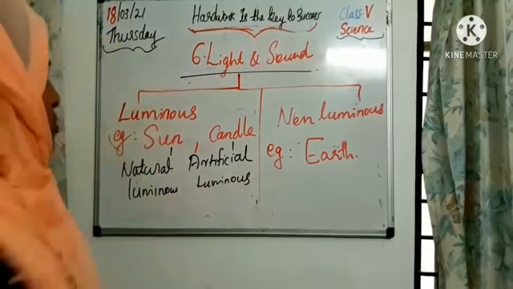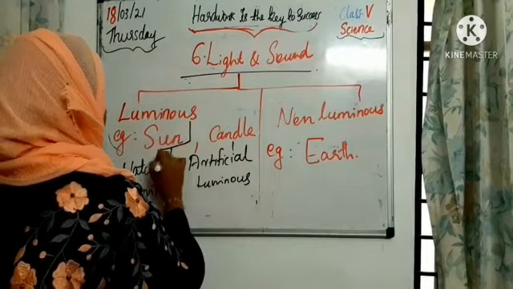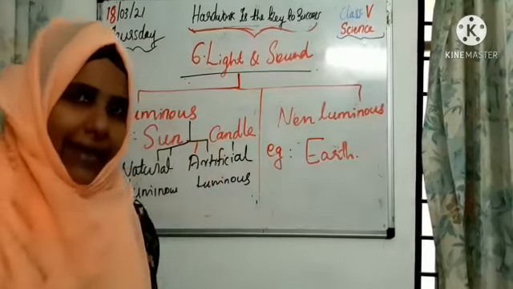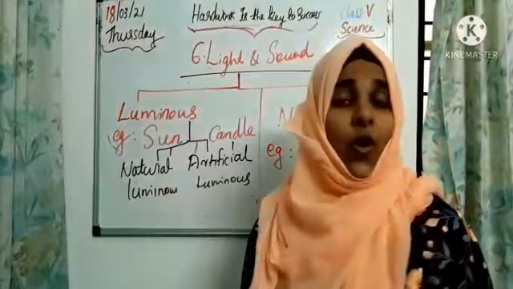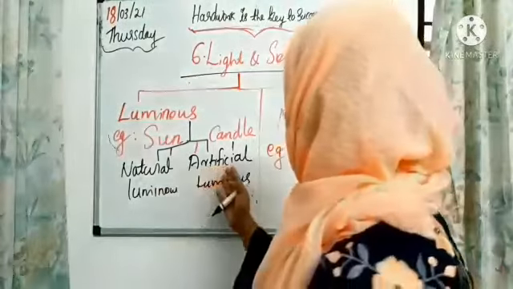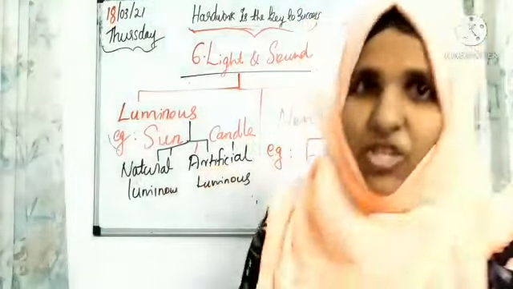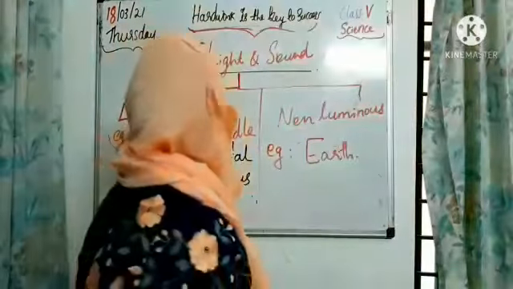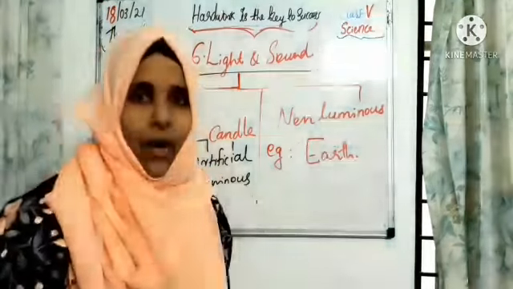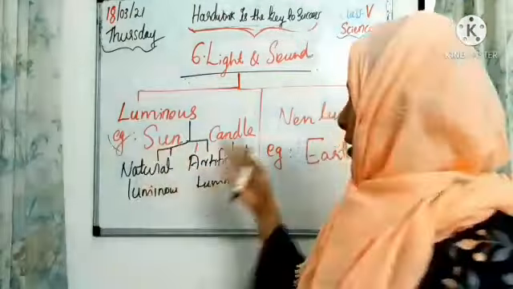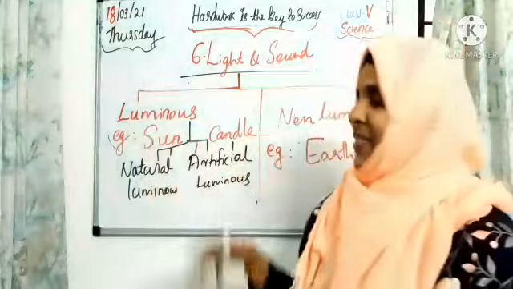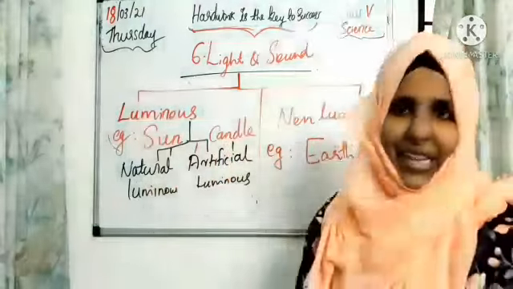So understand? So luminous objects we can classify into two. What are they? Natural luminous object and artificial luminous object. Okay. In natural luminous object we can clearly say the example, that is sun. Then what about artificial, children? That is candle or tube light, like that.